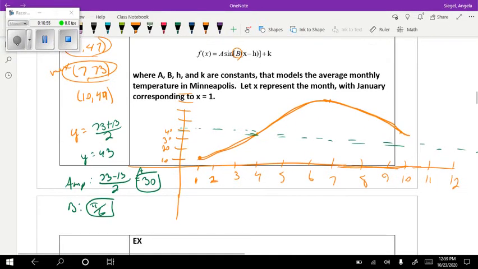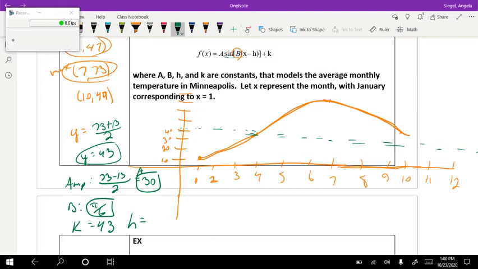Because the axis of symmetry was 43, that's going to be my K. The only other thing I have is shifted left or right, and be very careful because we're forcing sine. Remember, sine is where it hits that equilibrium position or midline, and that was at 4. So we shifted it to the right 4.